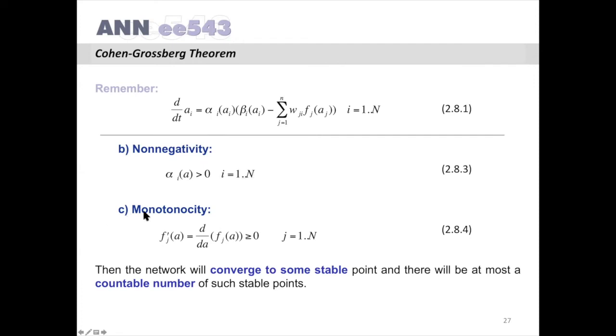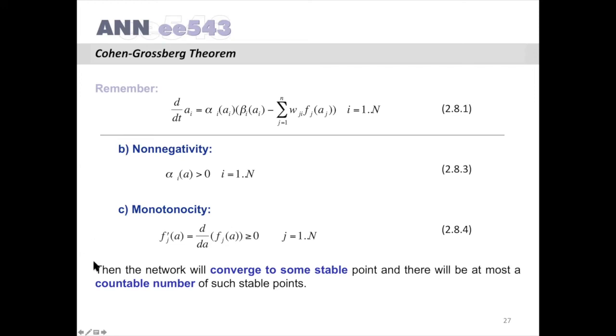The last condition, monotonicity, is saying that the derivative of function f_j at point a, with respect to a, is greater than or equal to 0. So this is saying that the output function f is a monotonically increasing function.